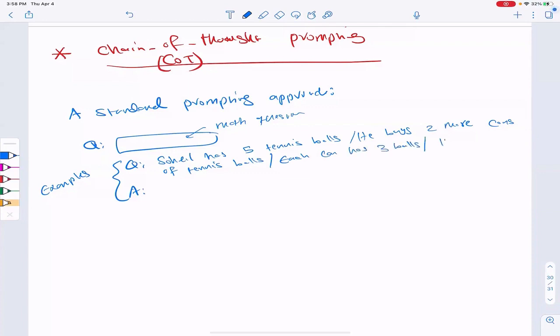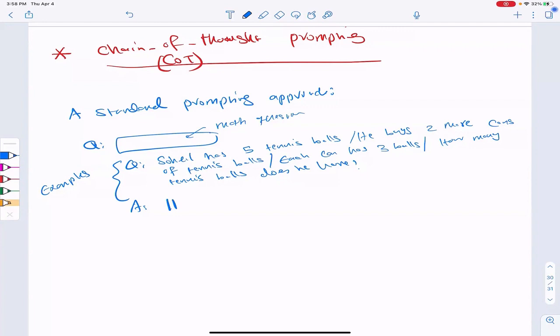How many tennis balls does he have? Okay, so what's the answer? 11, right? So there's 5, two cans of 3, 2 times 3, 6, 6 plus 5, 11.